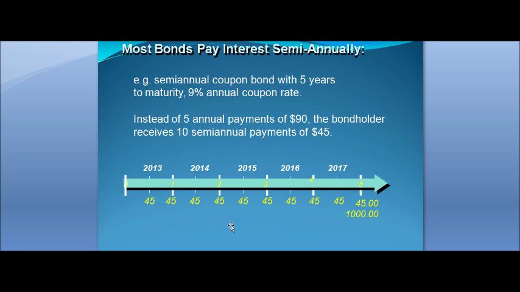And the number of total payments will be increased too. So if the maturity of the bond is 5 years, instead of receiving 5 interest payments, you'll be receiving 10 interest payments, since it's a semi-annual bond. So that's how the valuation of the bond works.